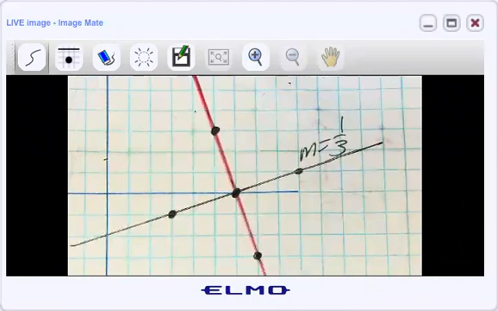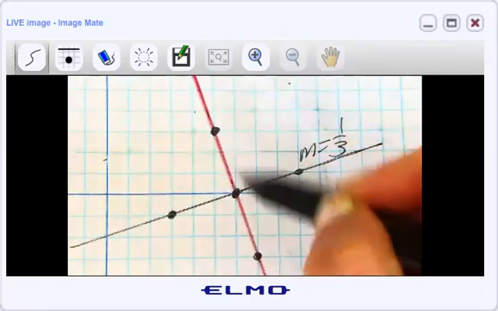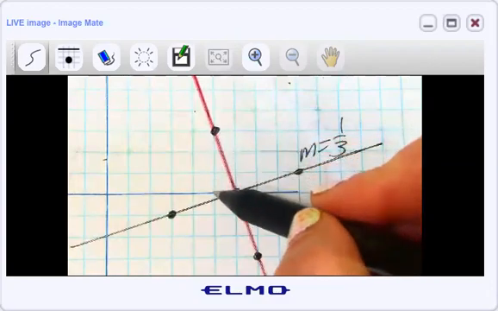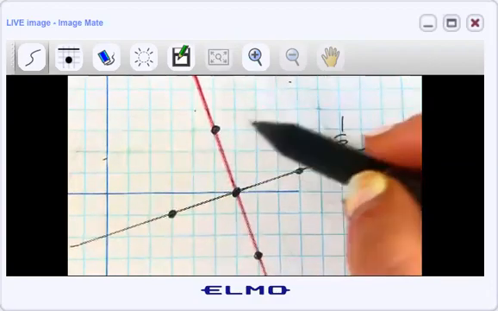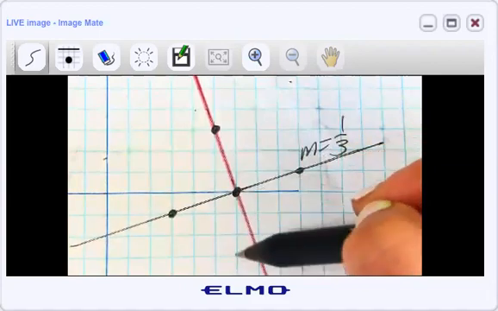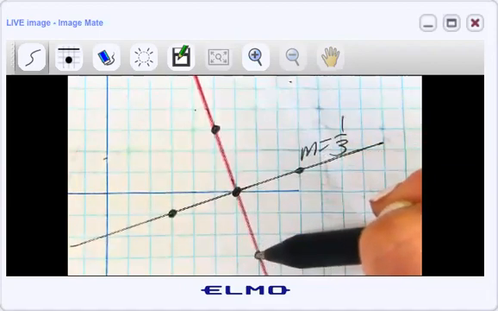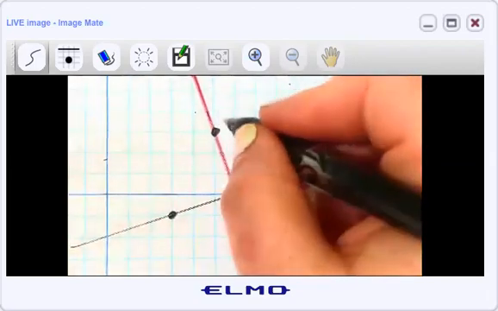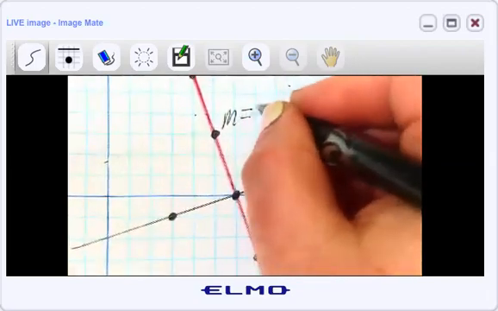Someone give me the slope of that red line there. -3. Yes, -3, right? So remember, when you're given a graph to find the slope, I'm just moving from left to right. Since I'm going down, I'm going to make my number negative. So I have to go down 3 boxes to the right 1, down 3 to the right 1. So the slope of this red line is going to be -3.